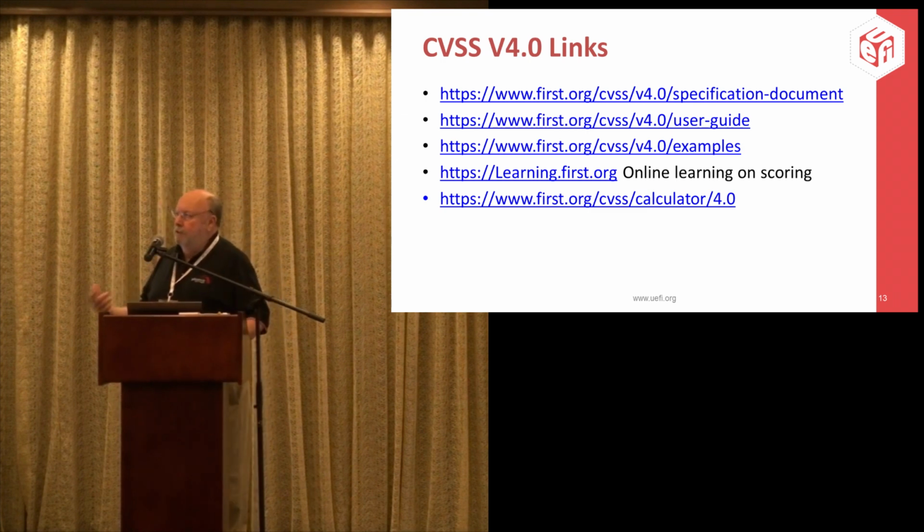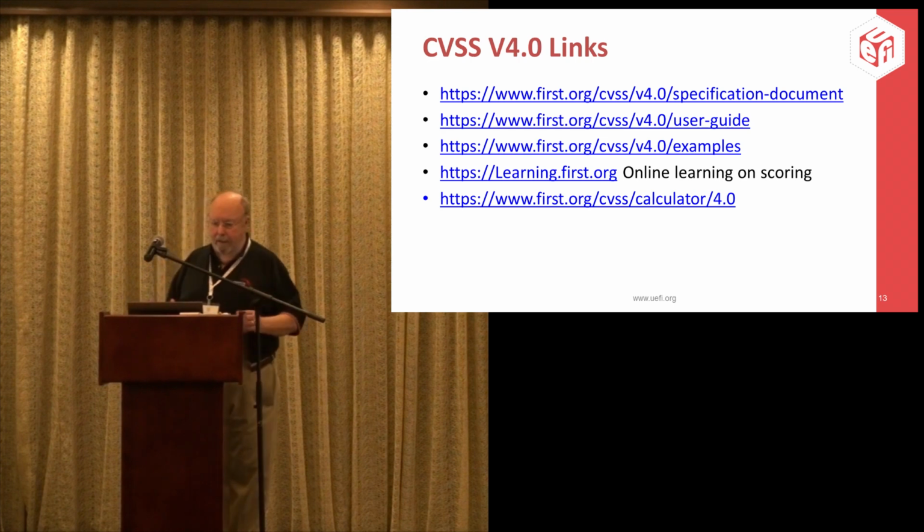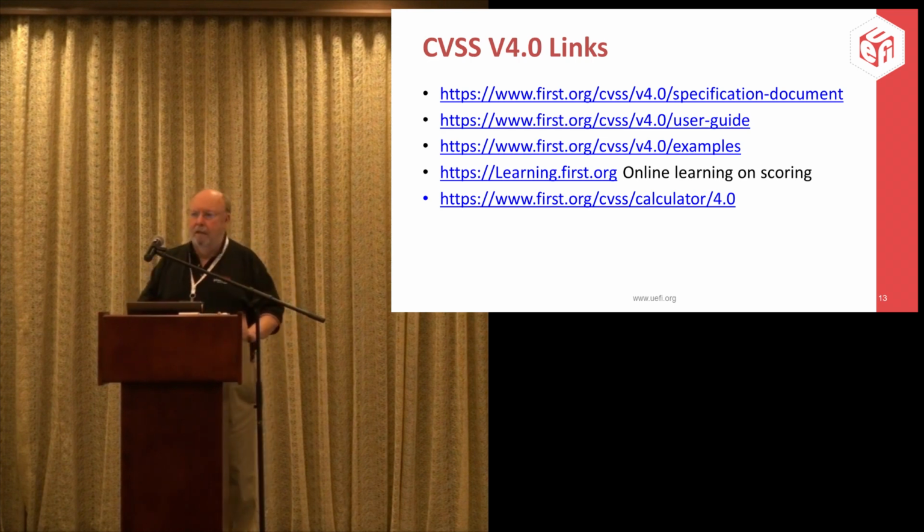You can go to first.org, CVSS SIG in the left-hand panel, and then the 4.0 page. The 3.1 material is there as well, and you can get all of these links on there. And at learning.first.org, there's an online training session of a couple of hours, I think, that fills you in on how this scoring works and all that. So that's there for information.